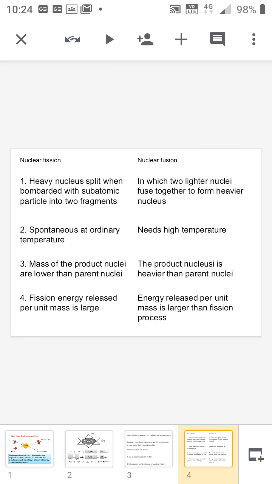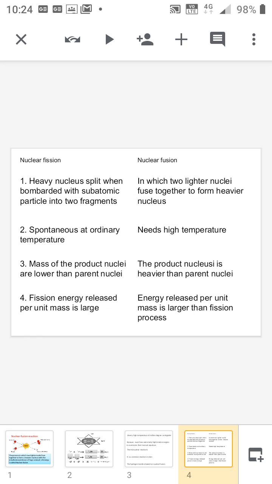Whereas nuclear fusion reaction is the combination of two lighter nuclei to form a heavier nucleus. The next difference is, the nuclear fission reaction occurs at ordinary temperature, but the nuclear fusion reaction occurs at very high temperature.